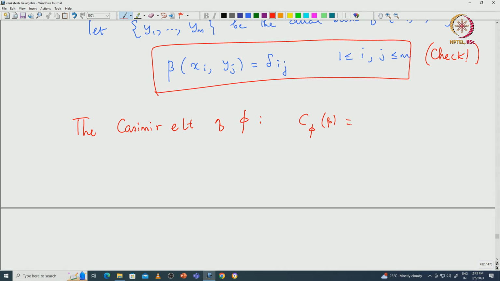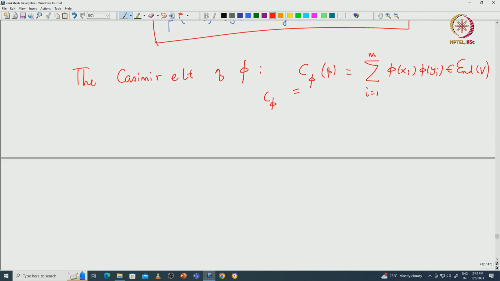A priori this depends upon the bilinear form that we have defined. Of course, the bilinear form also depends upon the representation that we have chosen. Because of that we can suppress the notation to C pi, there is no issue with that. How is it defined? You take the sum of pi of x_i times pi of y_i for i ranging from 1 to m. This is an element inside the endomorphism of V. This element is called the Casimir element of this representation pi.